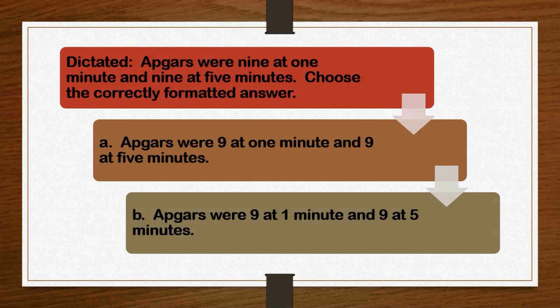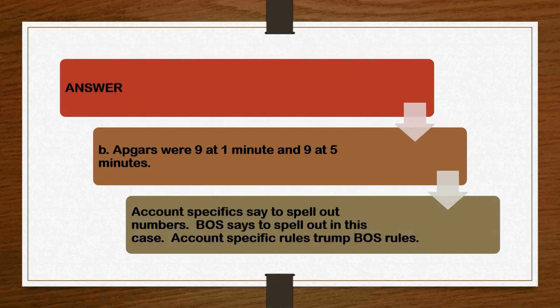Okay, see this a lot also. ABCARs were 9 at 1 minute and 9 at 5 minutes. Choose the correctly formatted answer. Spelled out or all numbers, A or B? Okay, I'm seeing a definite mixture of these answers. And it is B, at 1 minute, that we use the numbers.